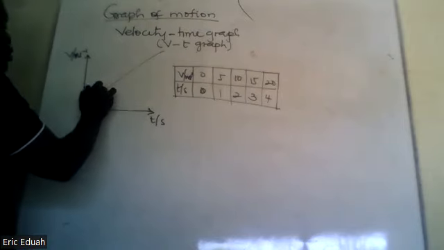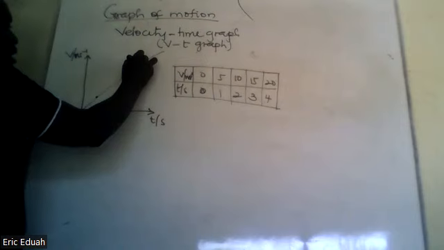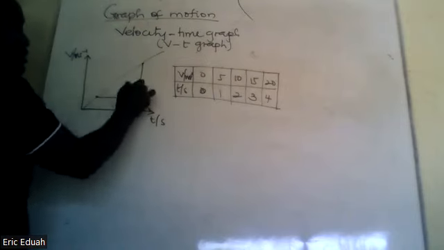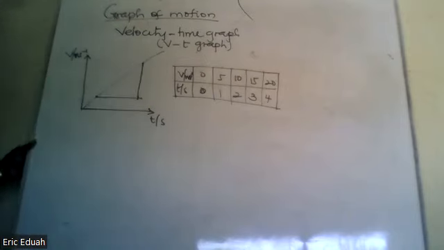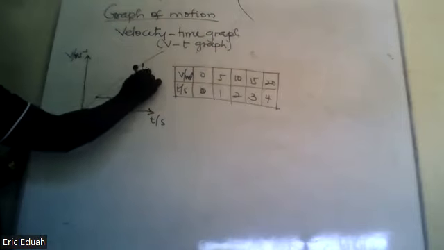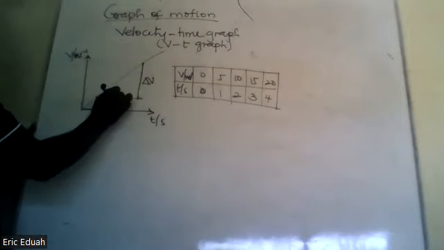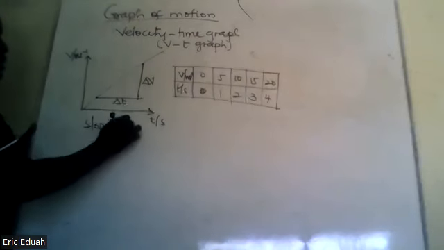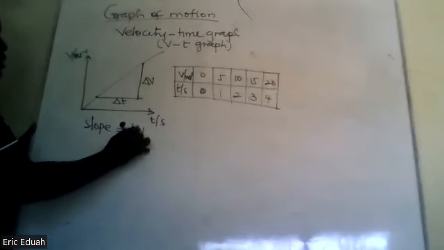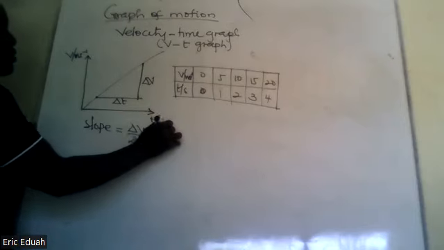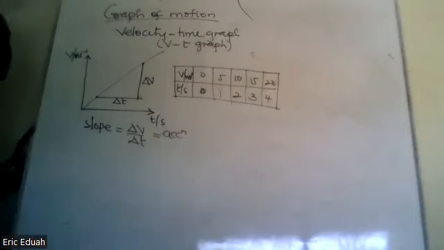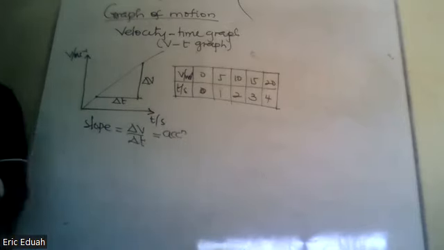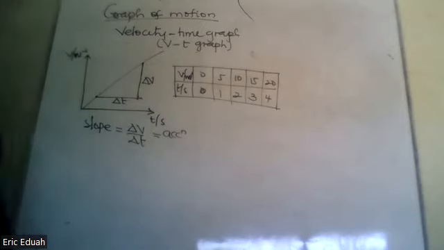And when you find the slope by picking any 2 points, changing V, changing T, the slope would give you change in V over change in T, which is equal to the acceleration of the body.